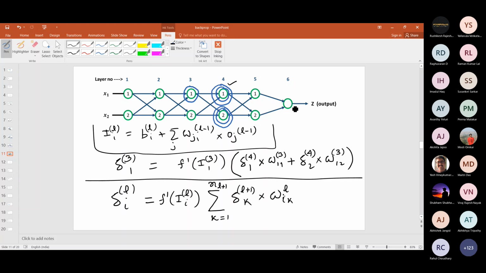So the trick would be, if you have an L layer network, I basically have to compute, say capital L, I denote by this one.